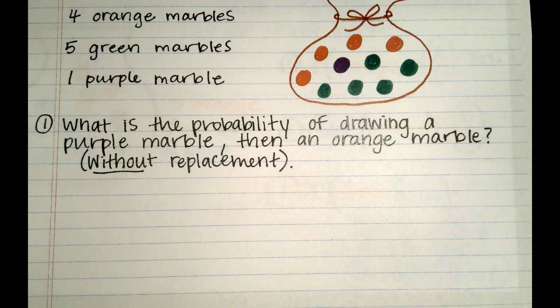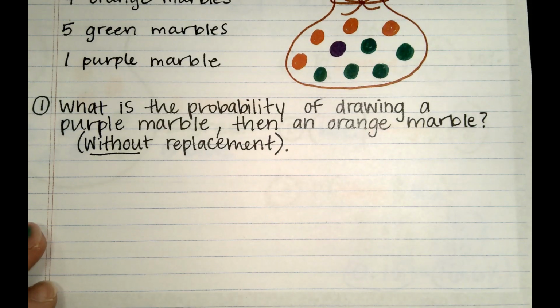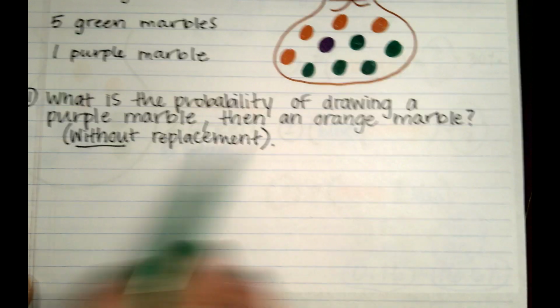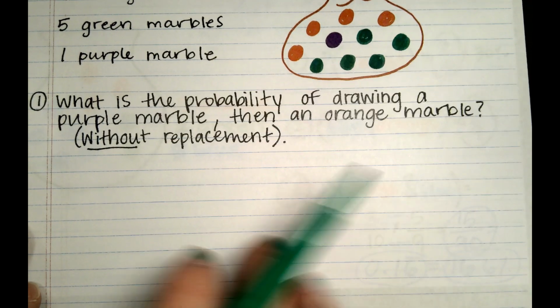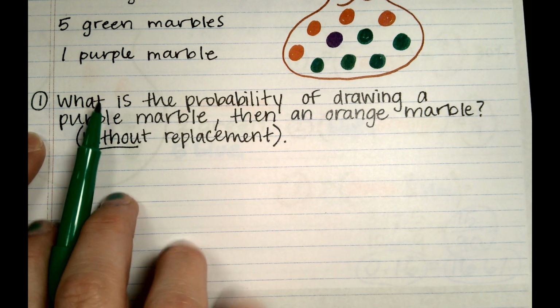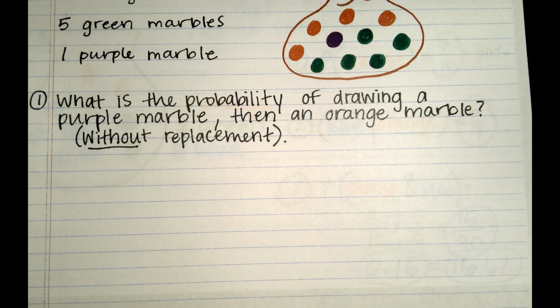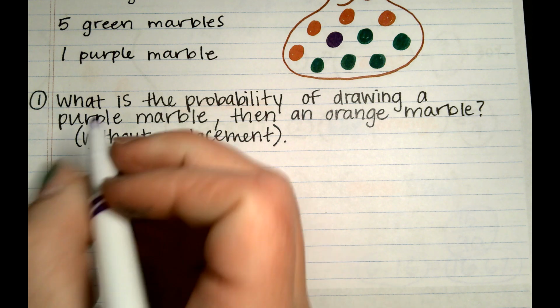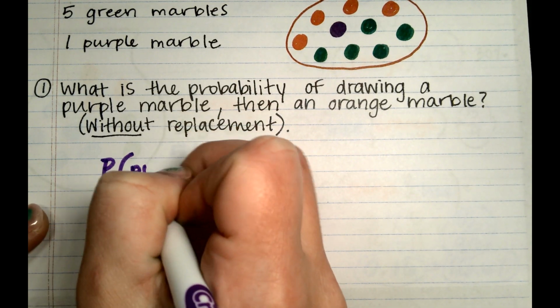So before I send you off to try this, let's talk about what our thought process will be to doing this. How would I start this problem? What would I need to do first? That's the first event. My first event. So I need to find the probability of drawing a purple marble. So I'm going to write that out for us. The probability of drawing a purple marble.